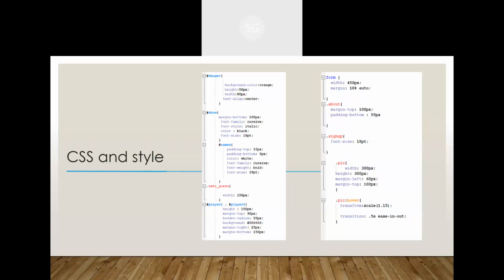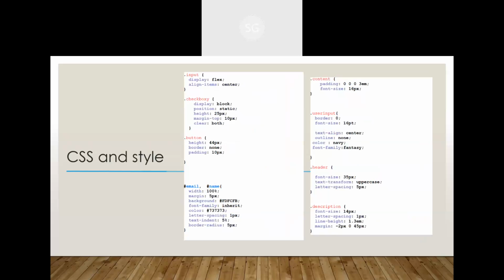We have also used the transform and transition methods when we hover on a peg. When the user, with the help of a mouse, hovers on any HTML element, we want something to happen, so all that code we write in the hover section of that particular class.